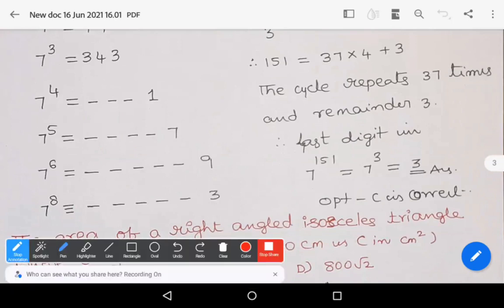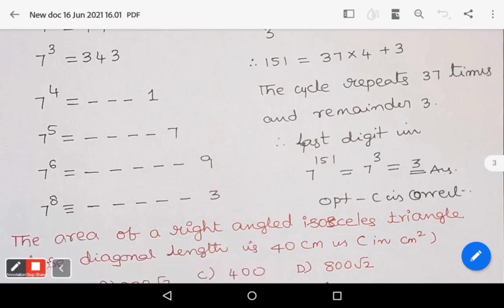Now find 7 power 4. You have to multiply this one with 7. 7 3s are 21. Irrespective of the rest of the number, the unit digit is 1. 7 power 5: you have to multiply 7 power 4 with 7, so the unit digit is 7. 7 power 6: you multiply this one with 7, 49, the unit digit is 9. 7 power 7: you multiply this with 7, again the unit digit is 3.